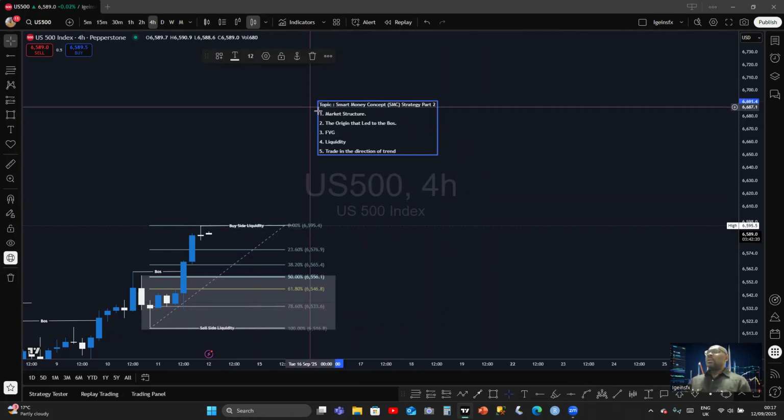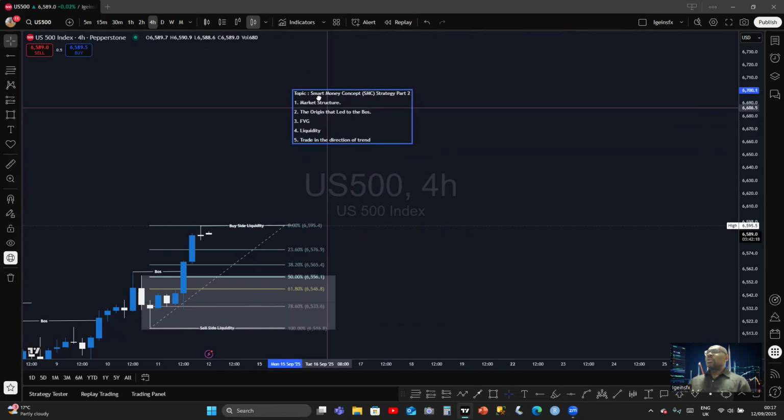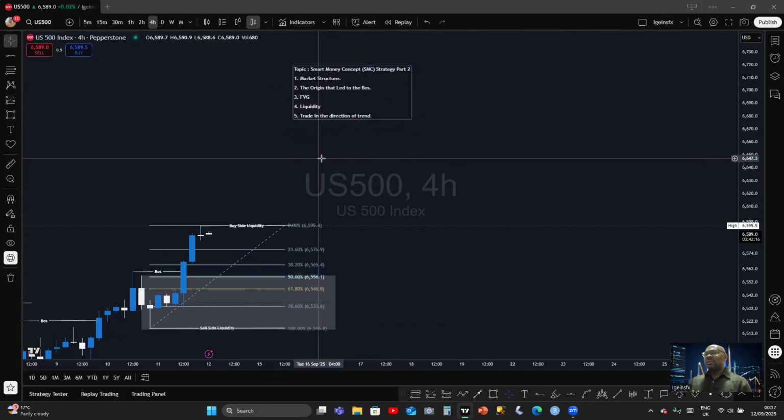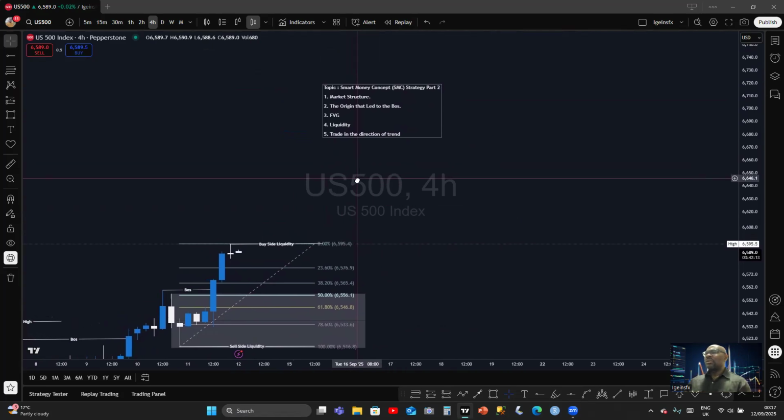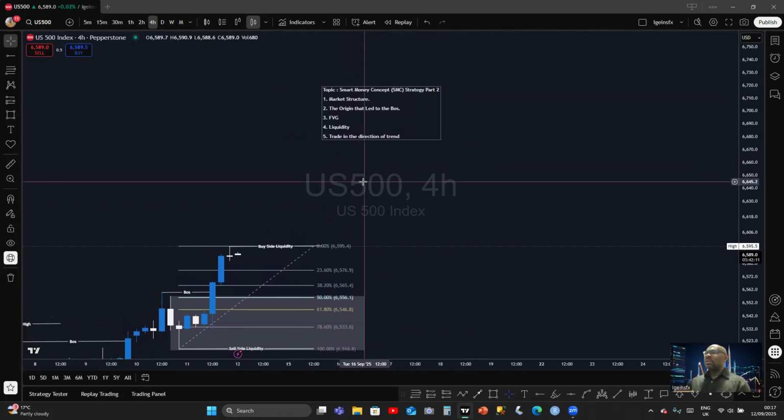So the market structure, you must know how to read market structure. It's no option, it's compulsory. All right. Without that, you can't do anything.